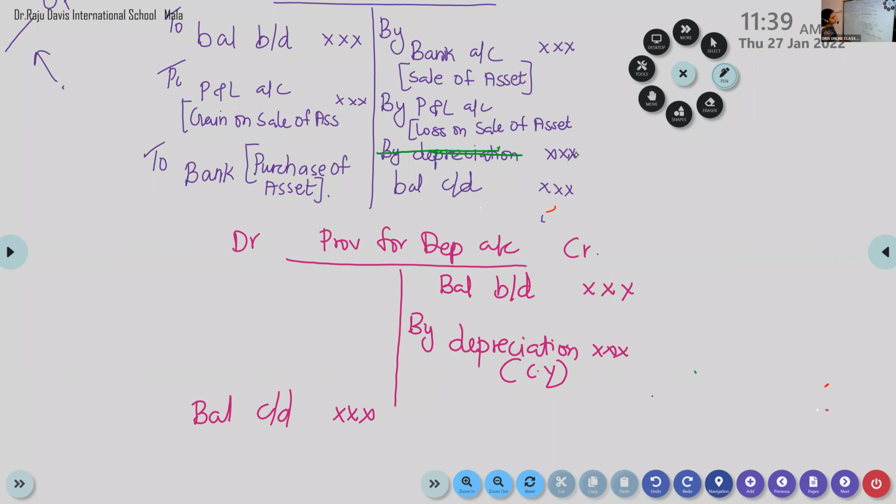Cut this. Instead of depreciation, you have to write provision for depreciation account. And also in the provision for depreciation account, you have to show the asset account.